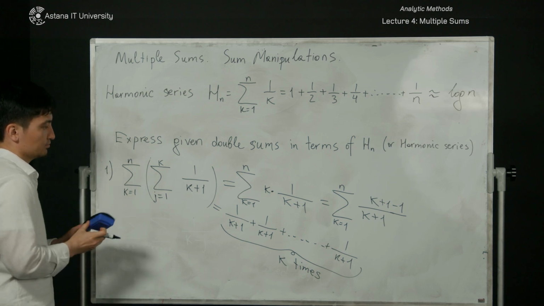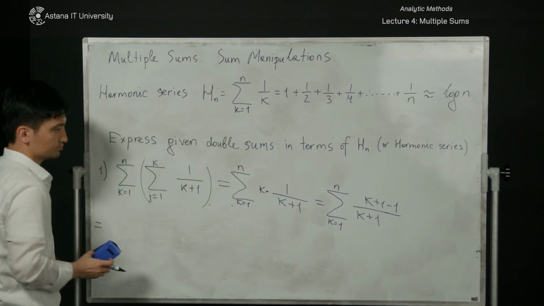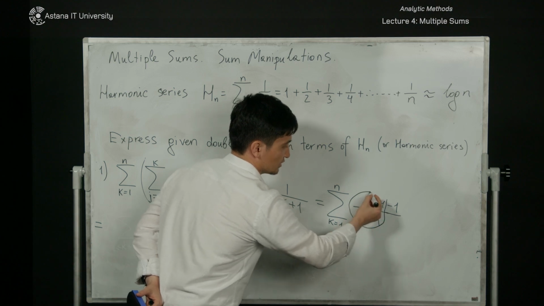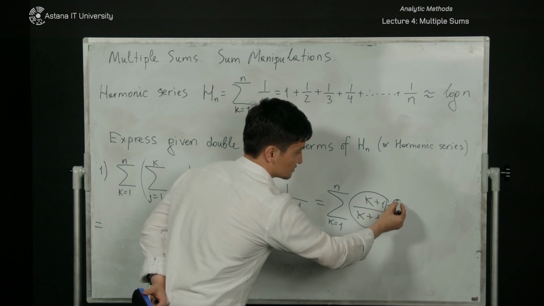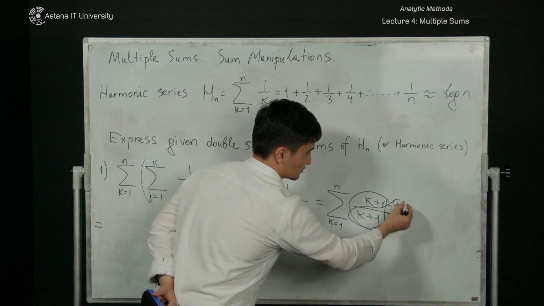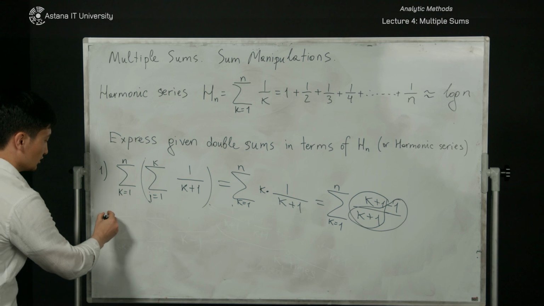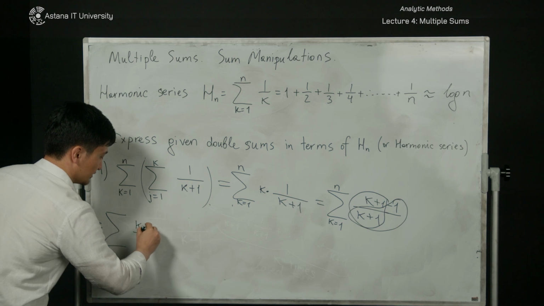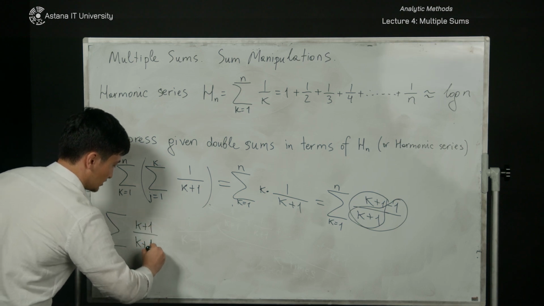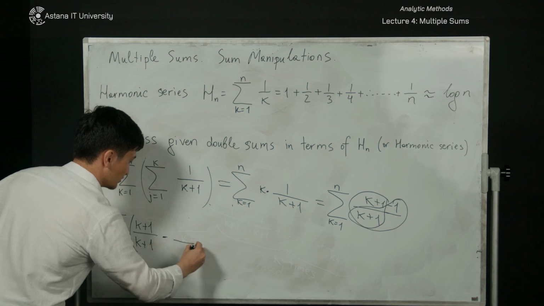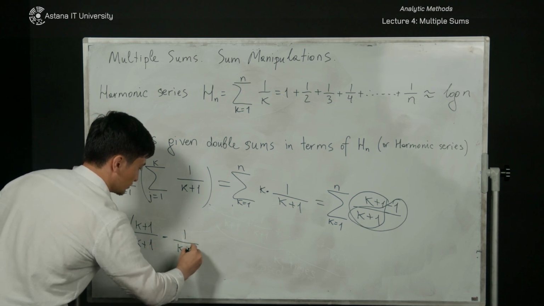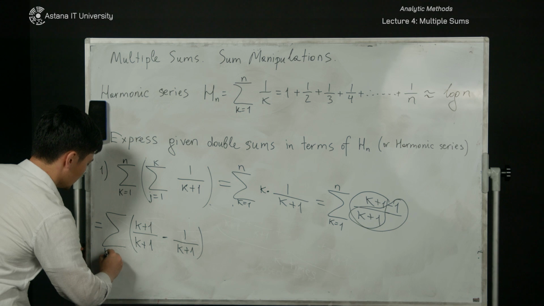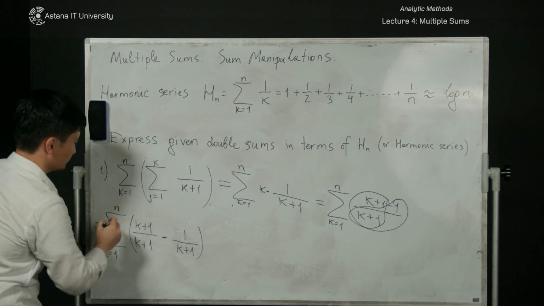Okay. After that, we can now split this up into two ratios, right? So basically what we have is k plus 1 over k plus 1 minus 1 over k plus 1, and the sum changes from 1 until n.